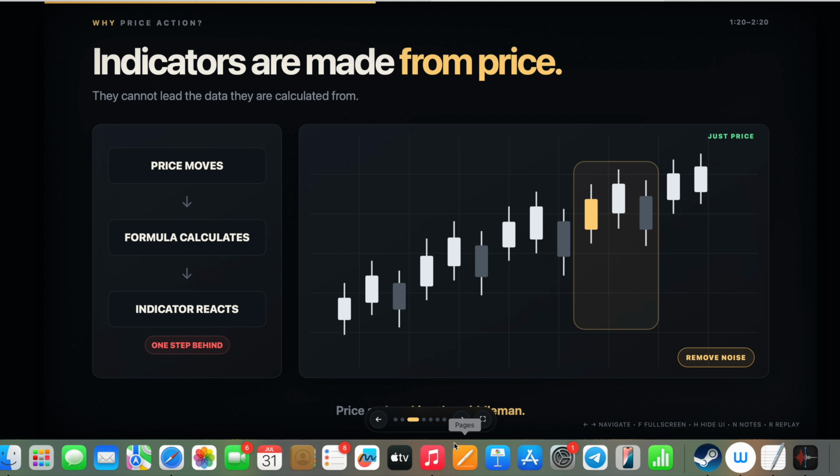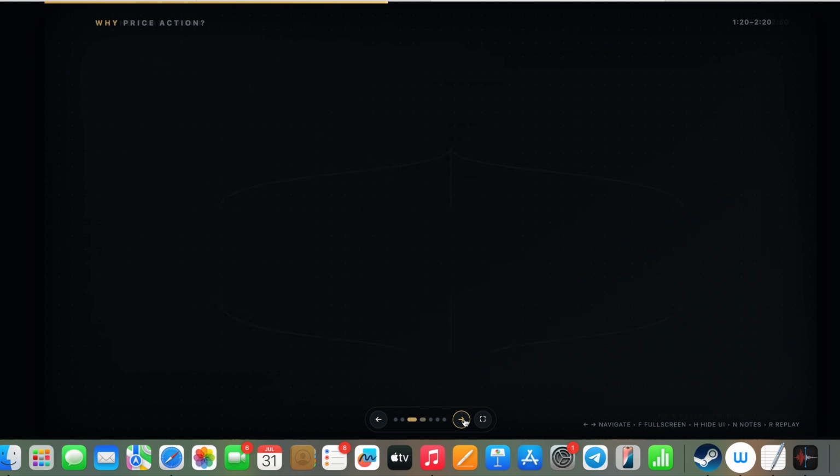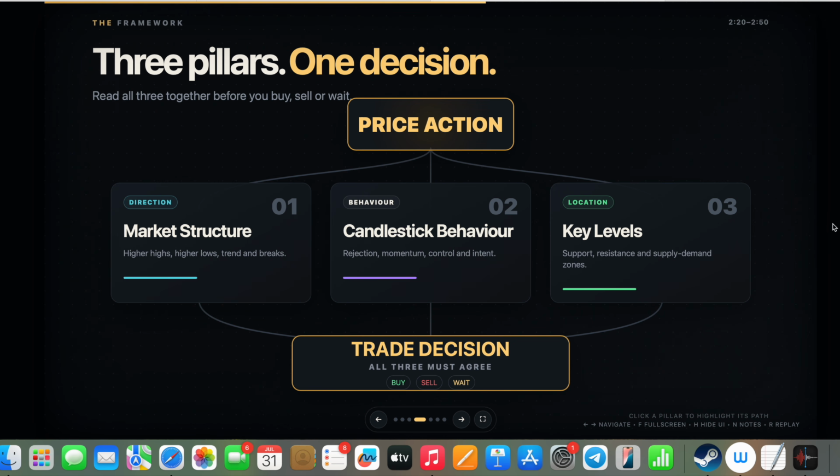So how do you actually read price action without it feeling random? I have broken it down into a simple framework, three pillars that, when you read them together, tell you almost everything you need to know before you take a trade.